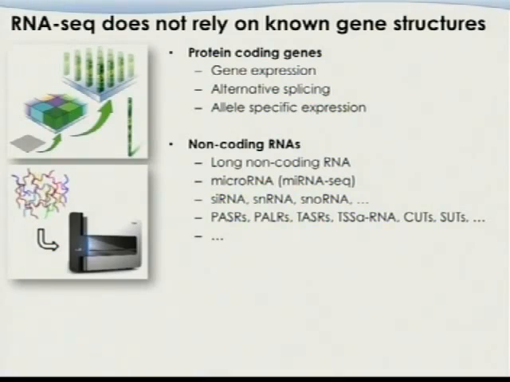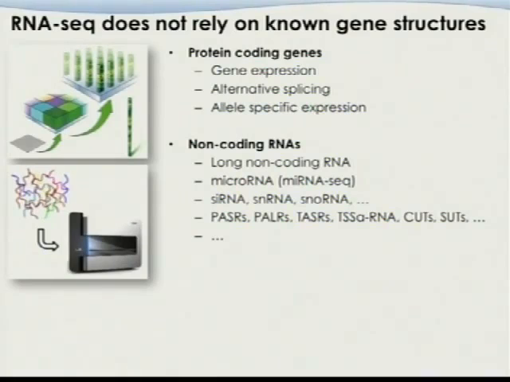Okay? When we design arrays, we have to know there's something there to put on the array. But for the non-coding RNAs, we know too little about these things, and so we don't have arrays to target each individual application.